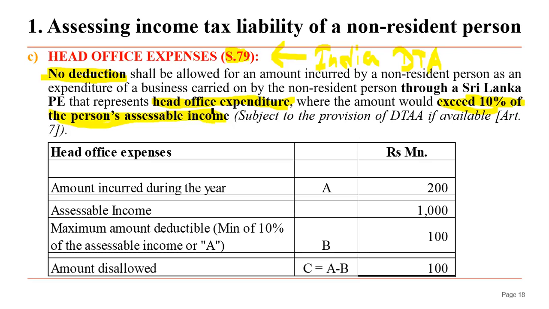If there are any head office expenses in excess, we will disallow that excess amount. Only the allowable portion can we allow as expenditure.